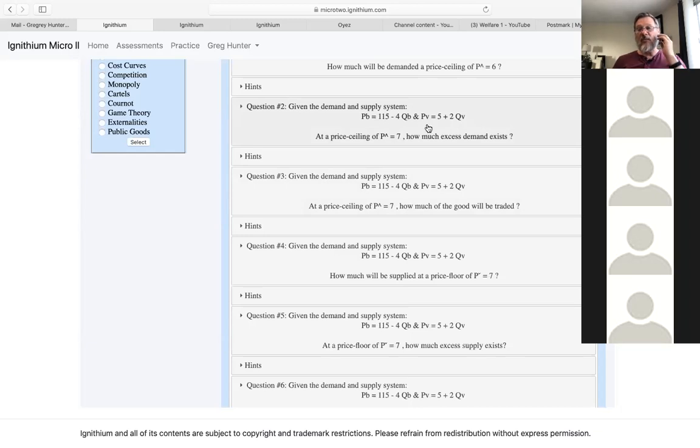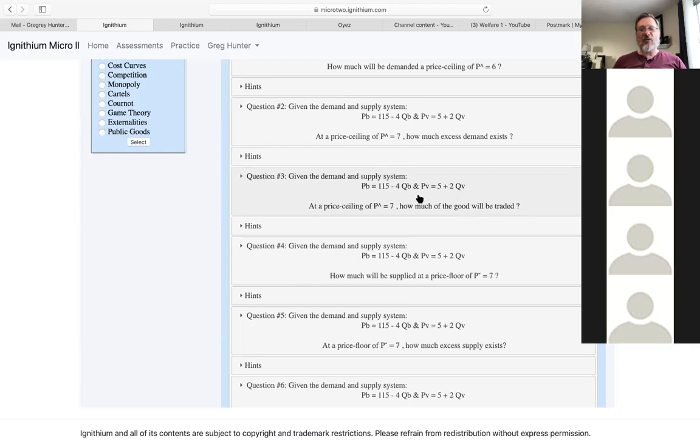So we took the difference to get the excess demand, and we got 26 units of excess demand.